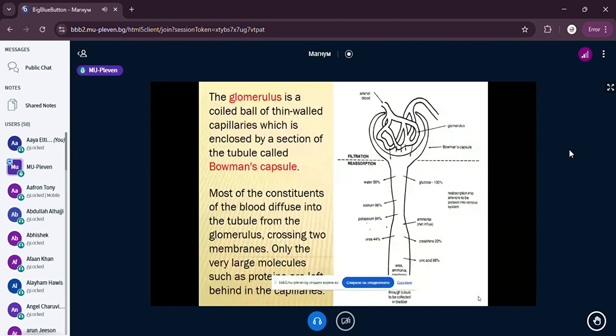It is called volume flow, described by Poiseuille's law, and another term is filtration. Filtration is a process that occurs in response to a hydrostatic pressure gradient and is described using Poiseuille's law.